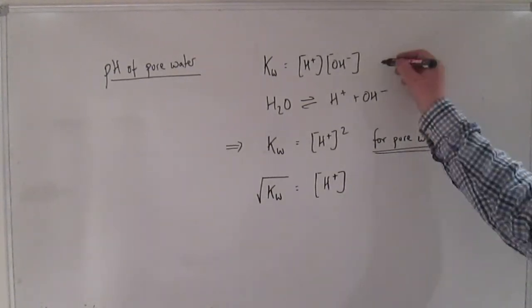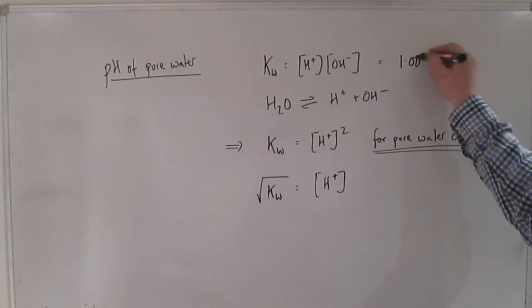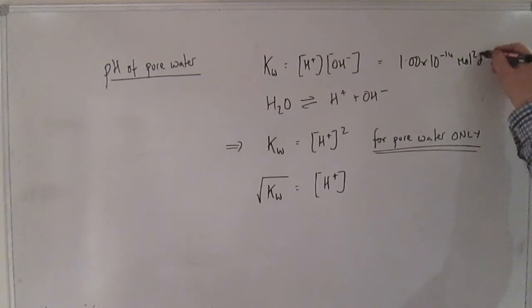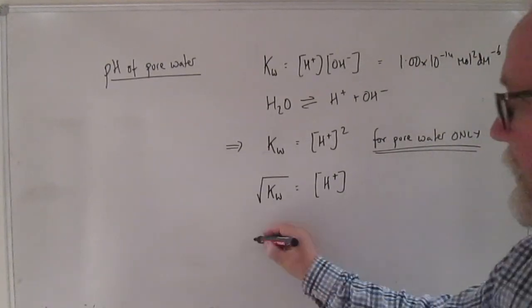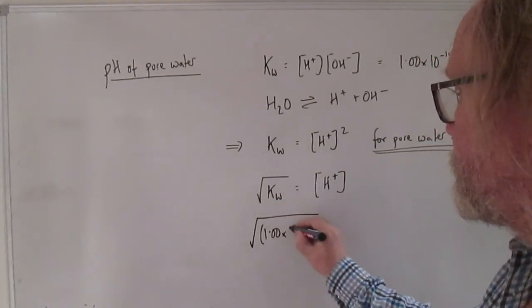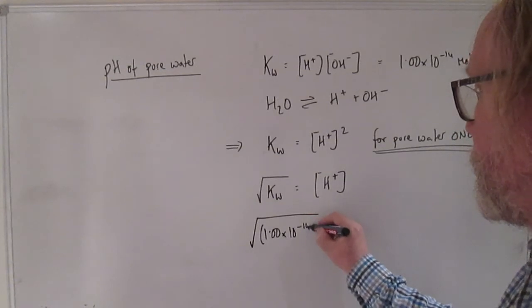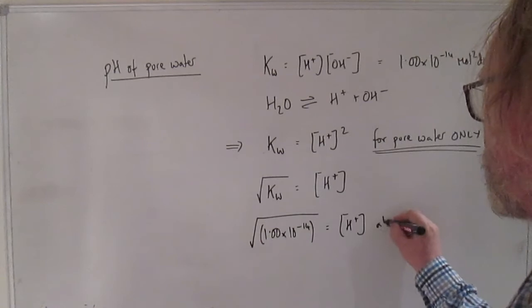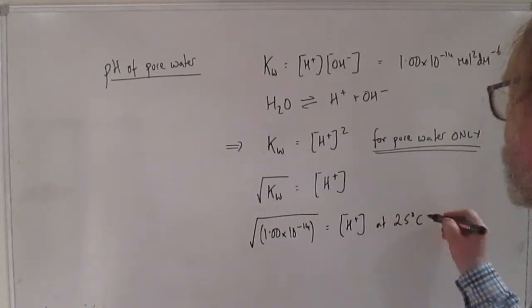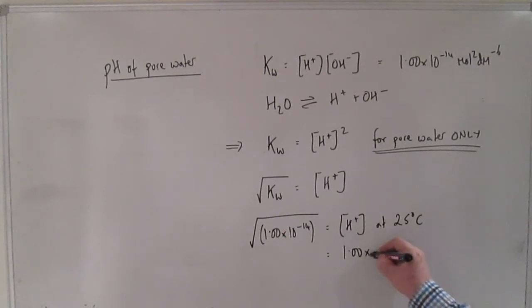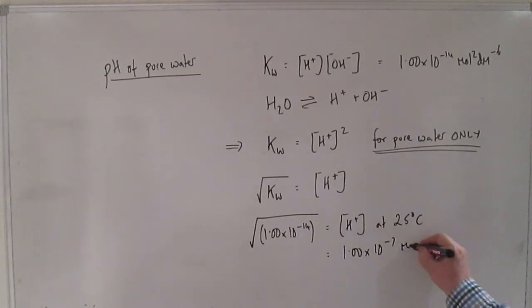And we know that at 25 degrees C, that's 1.00 times 10 to the minus 14 mole squared dm to the minus 6. So we can therefore say the square root of 1.00 times 10 to the minus 14 is equal to the H plus concentration at 25 degrees C. And the square root of that is 1.00 times 10 to the minus 7 moles per dm cubed.